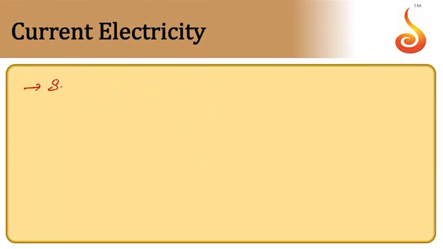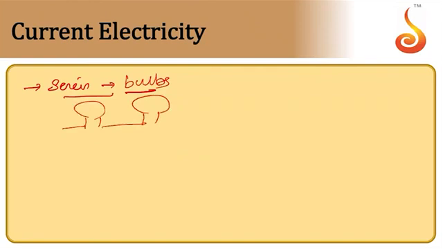As an example, let us consider series combination of bulbs. Let's assume that there are a couple of bulbs. Let's represent it like this. And these bulbs have different power.